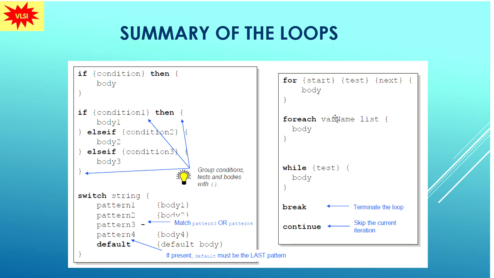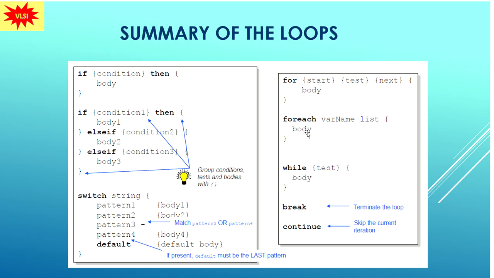Now, this variable name is a local variable, which will be used inside the body. Presently, what I want to achieve is puts the fruit name is dollar var name. Okay, dollar var name. So my output will be the fruit name is apple, the fruit name is orange, the fruit name is pineapple.